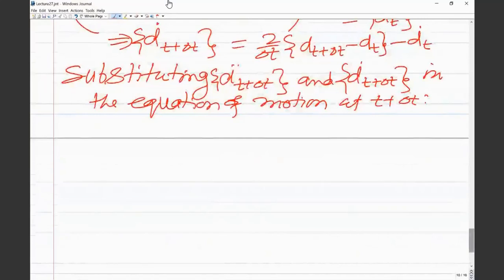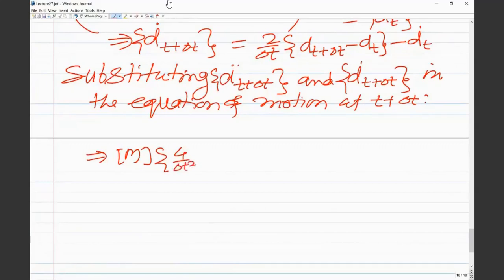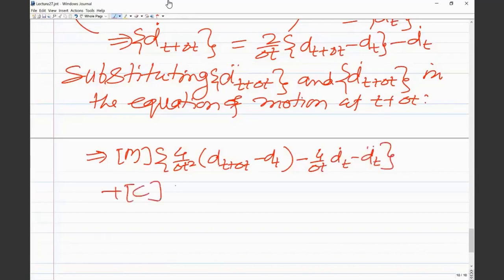So if you do this, the first term is m into d double dot at t plus delta t. So we will have m, and into that we have got this expression, 4 upon delta t square into, let me put a small bracket, although these are vectors, d at t plus delta t minus d at t, minus 4 upon delta t into d dot at t, minus the d double dot at t, plus you will have c into d dot at t plus delta t, that is also written as 2 upon delta t into d at t plus delta t minus d at t, minus d dot at t.